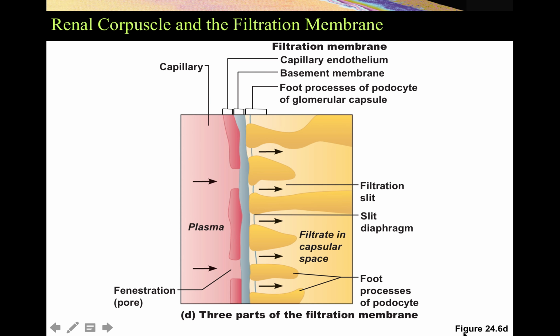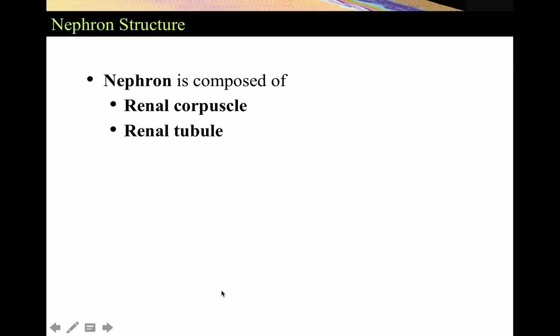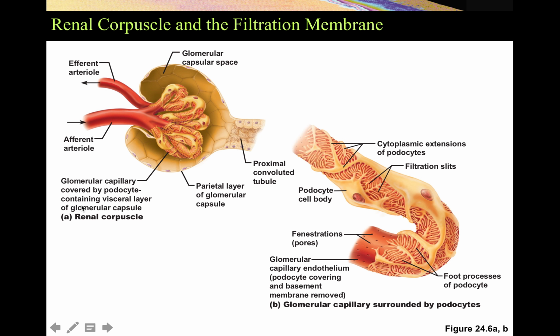So visceral layer is shown right here. So I'm going to go back. Sorry, let me go back here. So if you look at this, again, this is your Bowman, this is your renal corpuscle. You see that you have basically the Bowman capsule or the glomerular capsule. So the layer you see right here, see, it's single cells and these are flattened cells. So this would be what?